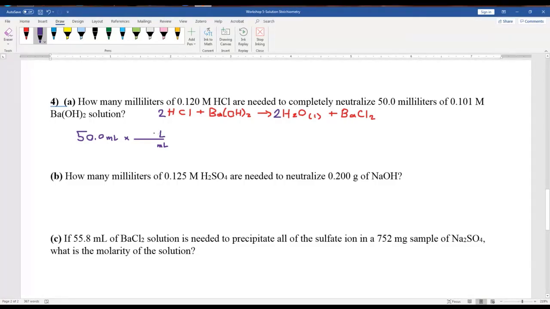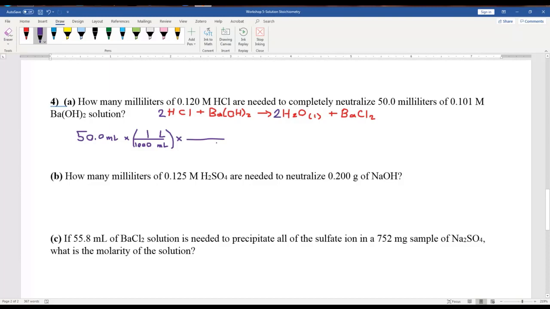So I can use molarity as a conversion factor to convert between moles and liters, but if I don't have liters, I can't do anything. So I convert the milliliters to liters. I can do 1,000 milliliters equals 1 liter. Alternatively, I could write 1 milliliter is equal to 10 to the negative third liters. Either one of those is valid.